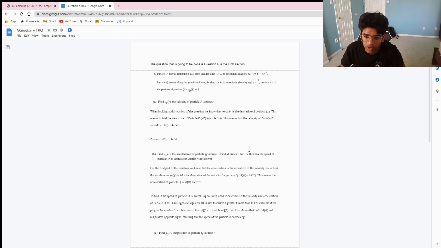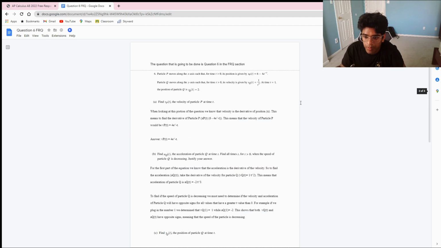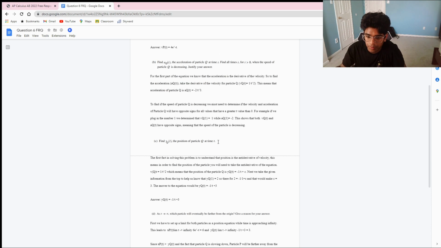The next part of the question asks what is the position of particle Q. We're given its velocity, and we're given the position at a certain time, which is at 1 second. We know that the position would be 2.